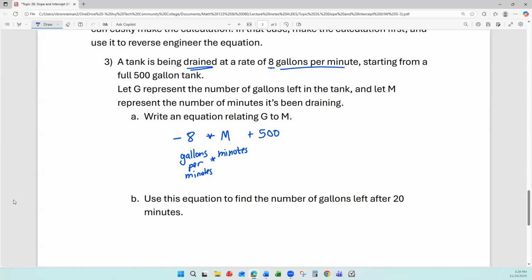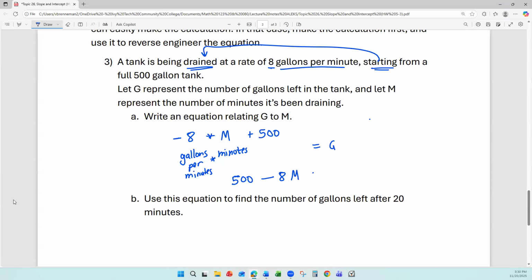Now, I find it more intuitive to start where it says starting from a full 500-gallon tank. So 500. Then from there, it's draining, and a draining rate of 8 gallons a minute means I'm going to subtract 8 gallons per minute times the number of minutes to get the remaining gallons.